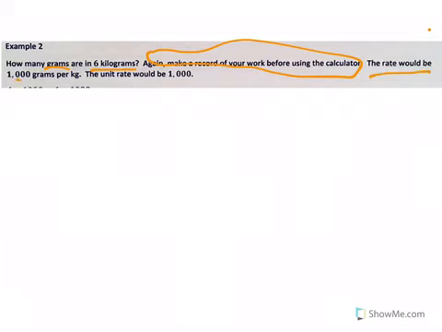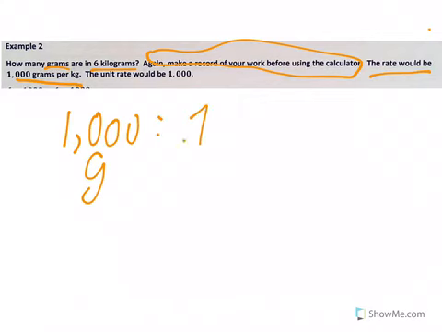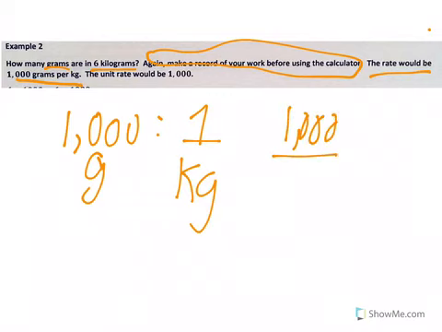The rate would be 1,000 grams per kilogram. So I know it's 1,000 grams to 1 kilogram, and I want to know how many grams there would be in 6 kilograms.